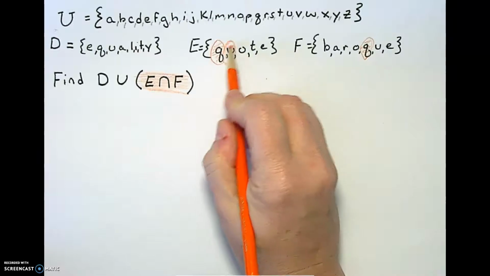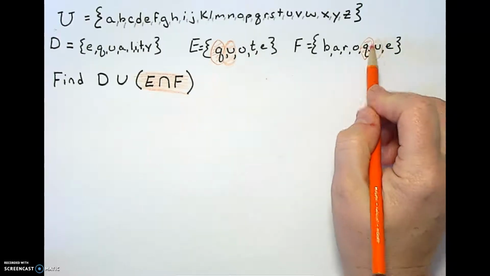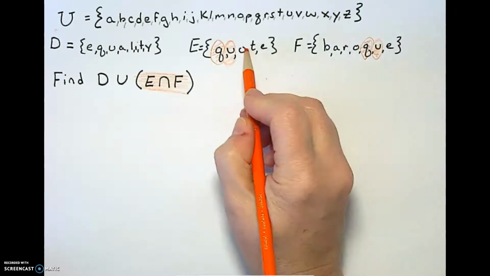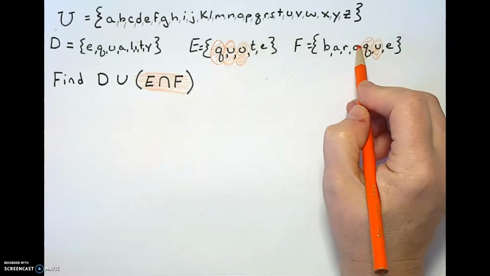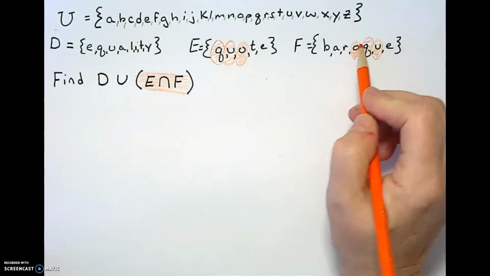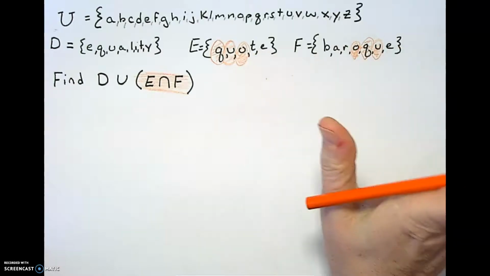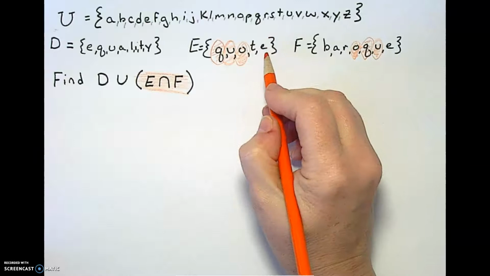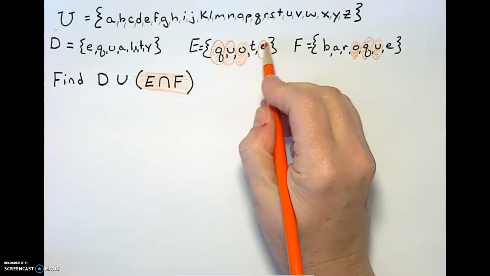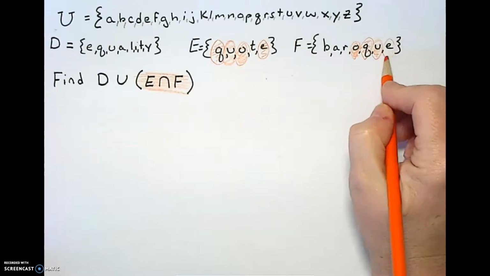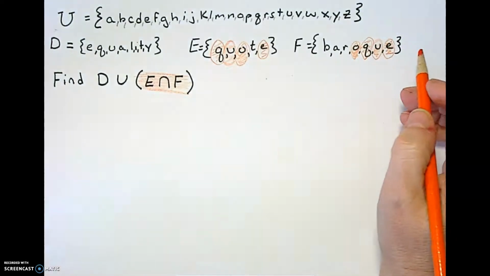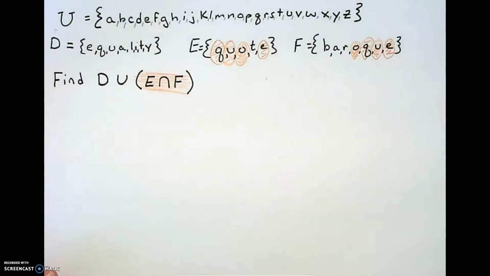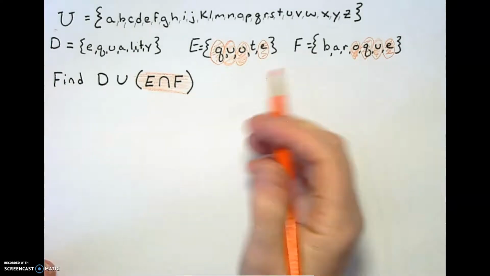U, both of them have a U. O, both of them have an O. T, no, they don't both have a T, but they both have an E. So almost the entire word quote is also in Baroque. You could probably even make a really bad poem about quoting some Baroque, except that doesn't really work because of the Q and the T, but I try.